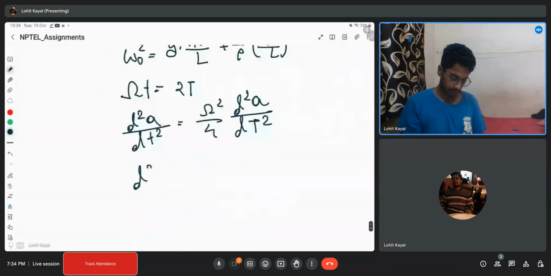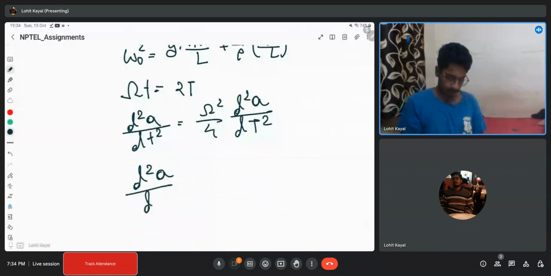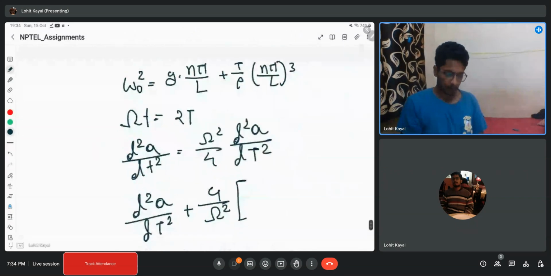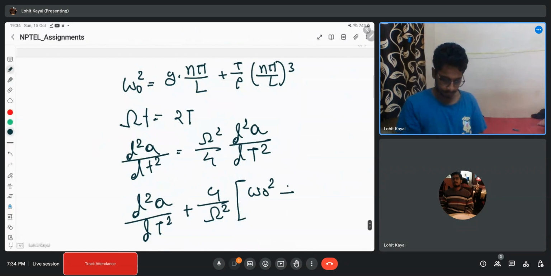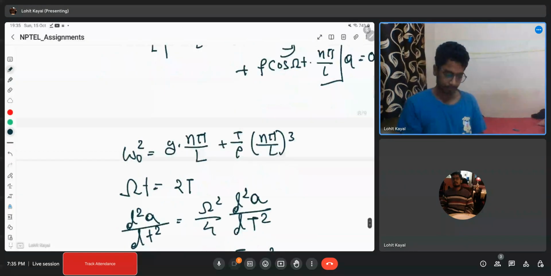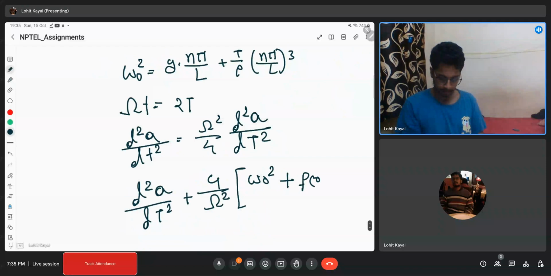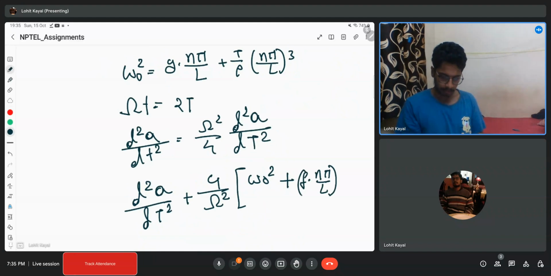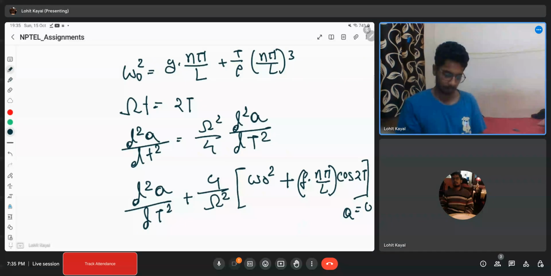We'll get d square A dT square plus 4 divided by omega square times (omega 0 square plus F cos(2T) into n pi by L) into A is equal to 0.